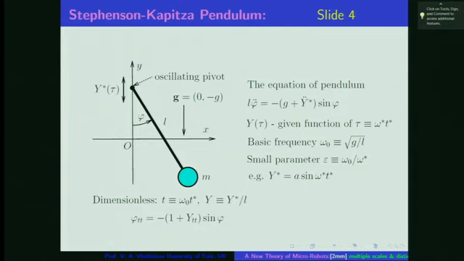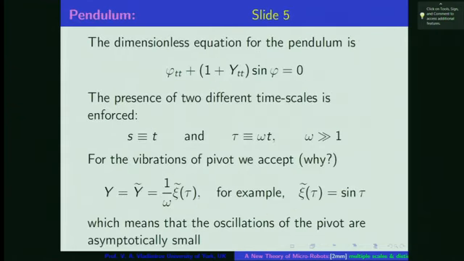We have the basic frequency for the pendulum, and we have a small parameter which says that the frequency of oscillation of the pivot is much higher than the self-oscillations. So a dimensionless equation appeared here, and of course, very well common knowledge is to use multi-scale, or in this case the two-timing method.